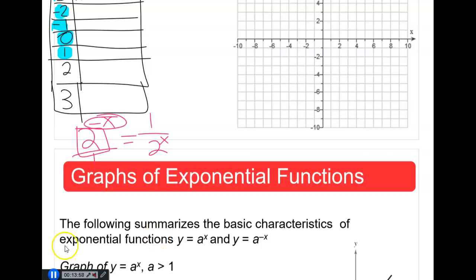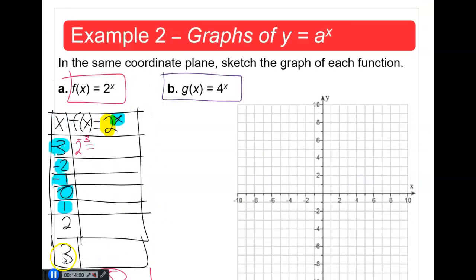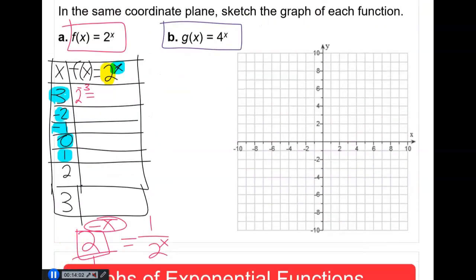So that's the rule we will use here, and that will give us 1 over 2 to the power 3. So 2 to the power 3 is 8. It's 2 times 2 times 2, that's 8. So this is 1 over 8.